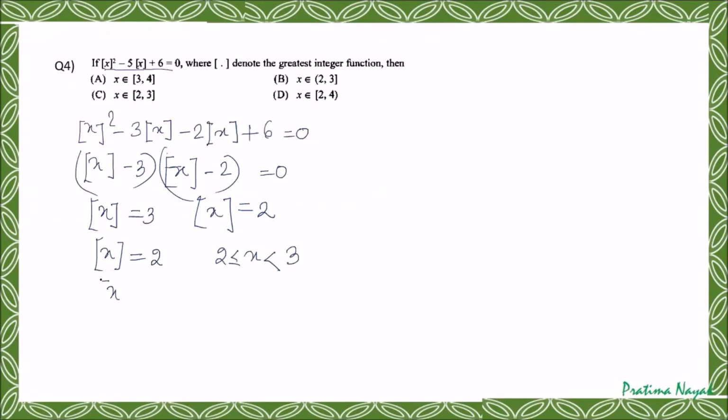Similarly, when it is 3, x is from 3 to 4. So what is common here? Common is x is equal to 3. So where is the answer? The answer will be 2 to 3. So C is the answer.